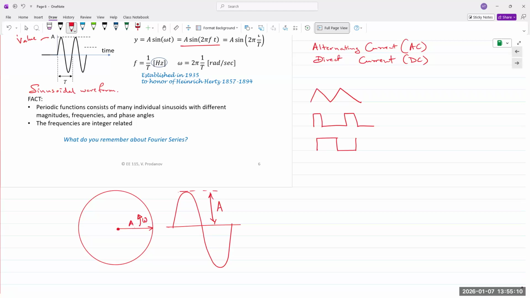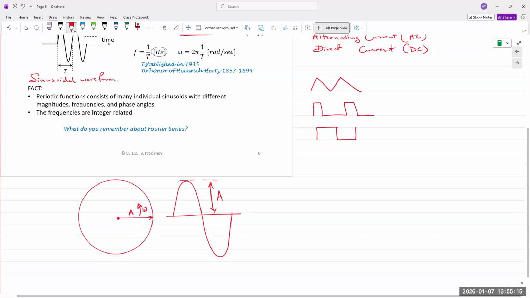This is the lowercase omega. That omega stands for the angular frequency or angular velocity.